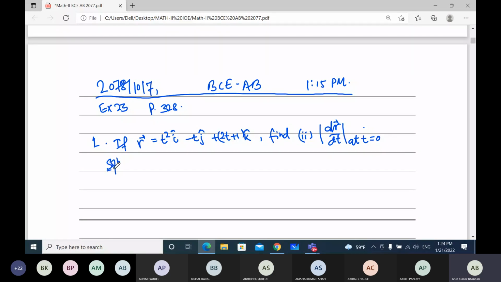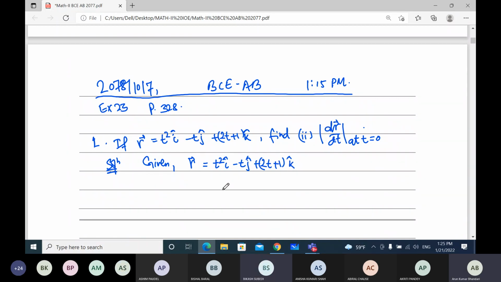So solution: given r equals t square i minus tj plus twice t plus 1 k.